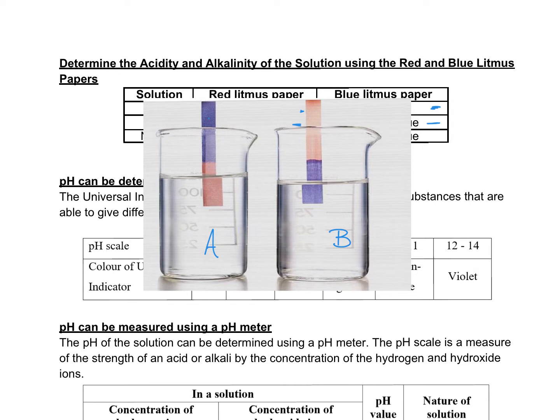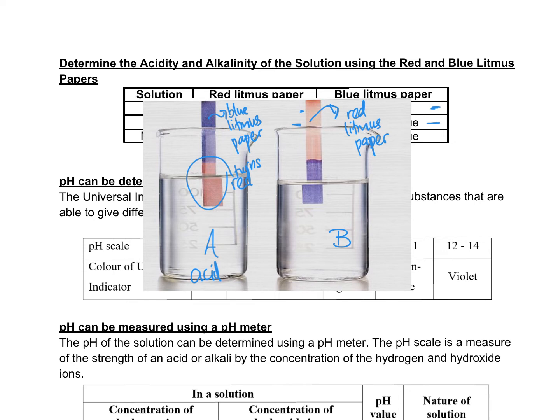Now this is the blue litmus paper. Upon touching the solution, after they dip in the solution, it turns red. So which means this is an acid. And for B, this is the red litmus paper.